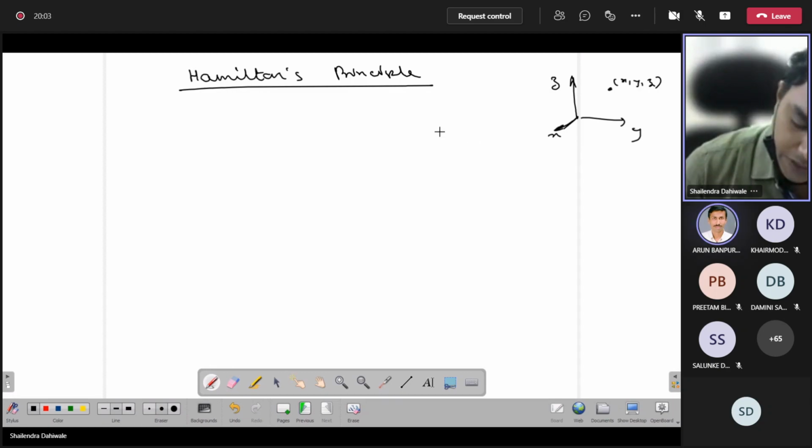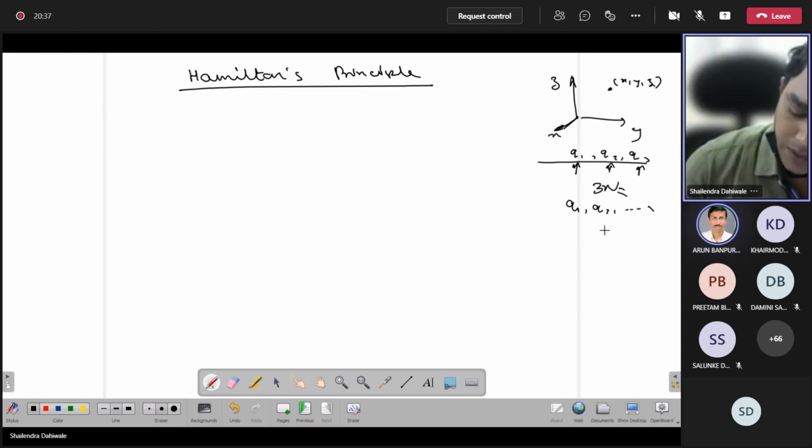So in configuration space, we define these coordinates by q1, q2, and q3, and this represents a three-dimensional space in your generalized coordinate system. Suppose you have n particles, then you will have 3n coordinates, q1, q2, up to these 3n coordinates, where small n is your capital 3n.